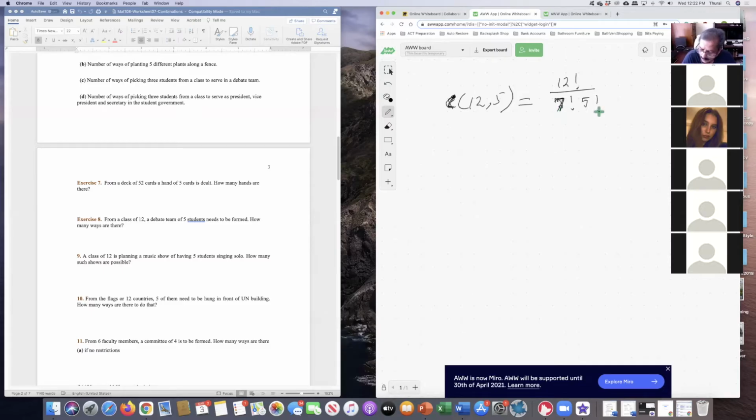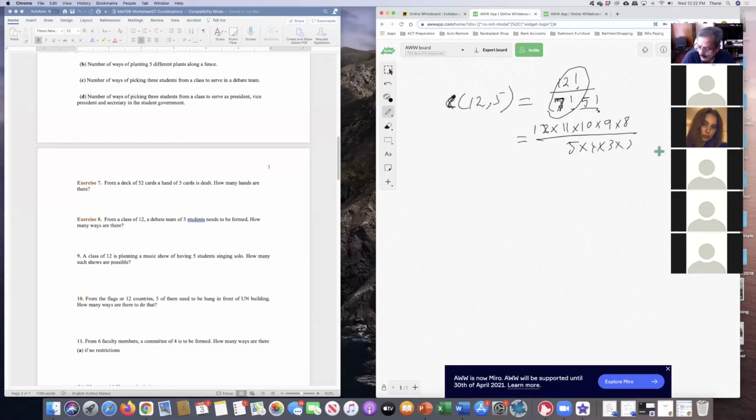To simplify, you should take the larger number in the denominator, combine it with the numerator, and simplify that part first. That will simplify to 12 times 11 times 10 times 9 times 8. And then 5 factorial is still there in the denominator, so 5 times 4 times 3 times 2.